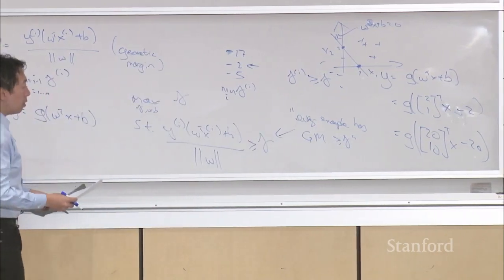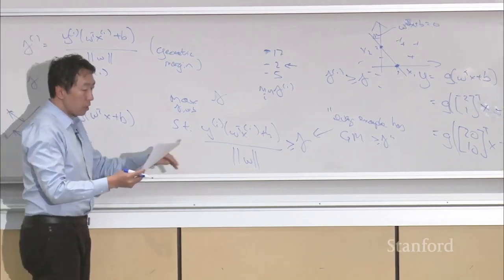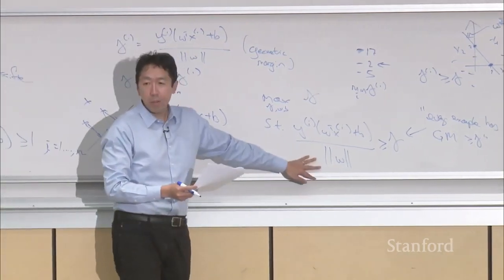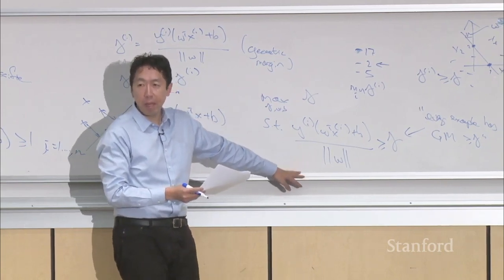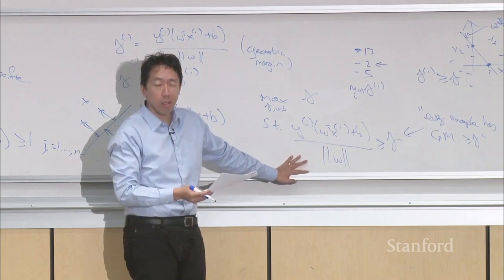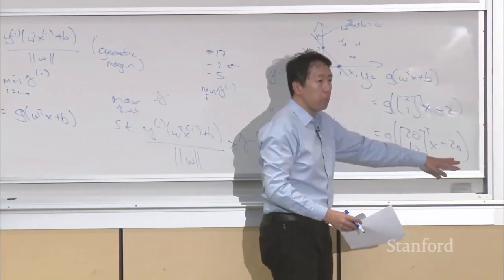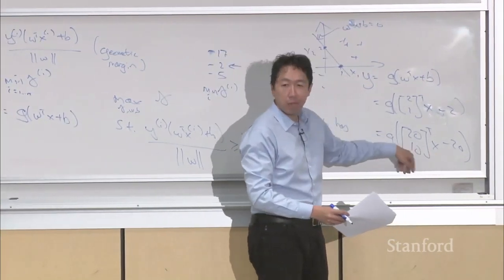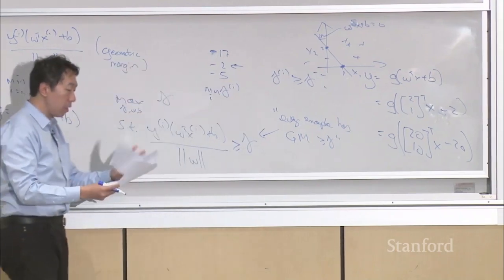And so to simplify this, notice that you could choose anything you want for the norm of W, right? Just by scaling this by a factor of 10, you can increase it, or scaling it by a factor of 1 over 10, you can decrease it. But you have the flexibility to scale the parameters W and B up or down by any fixed constant without changing the decision boundary.